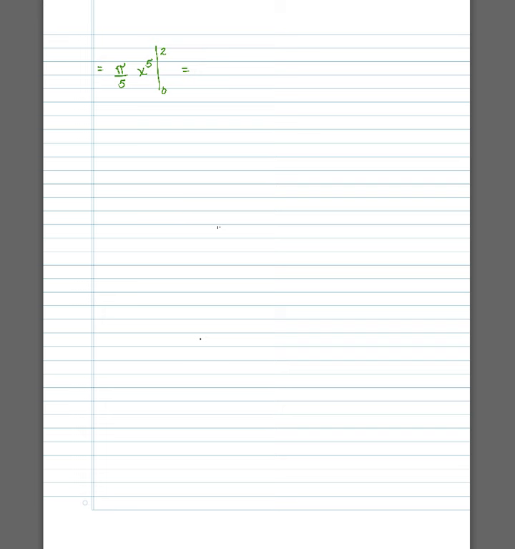So that's 2 to the 5th times pi over 5, so we get 32 pi over 5. And that is our volume. That is the volume of the solid that we get if we rotate this figure around the x-axis.